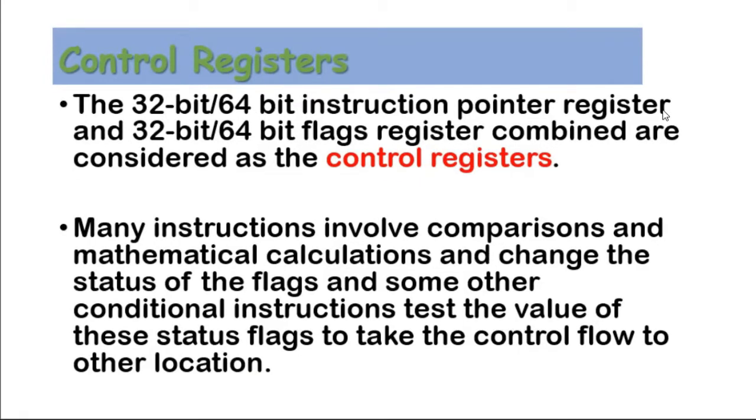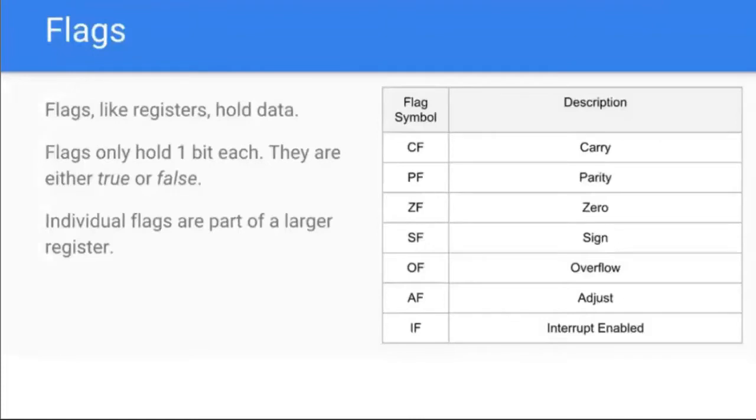So the conditional instructions test the value of these flags to control the flow of applications. So we'll see the different types of flags that we have. The first one is the CF, which is the carry flag.